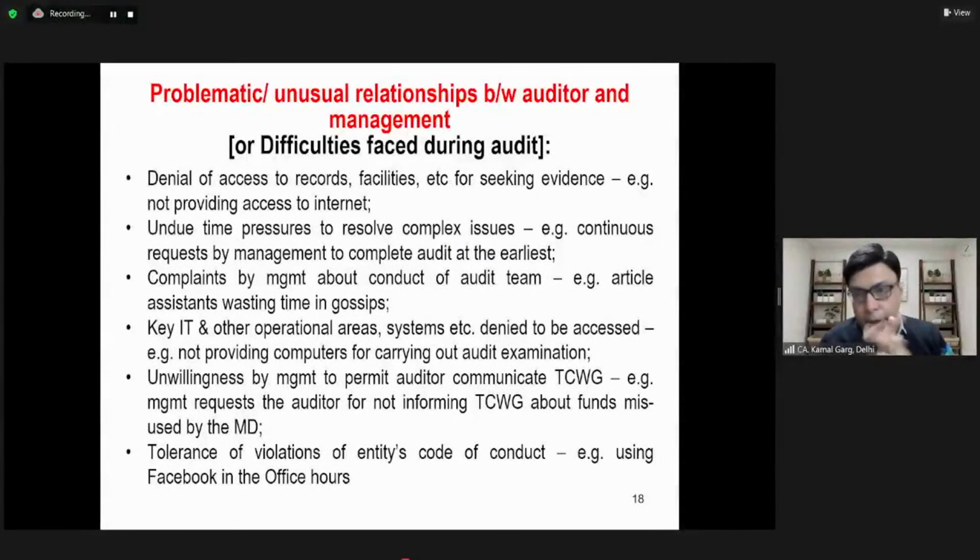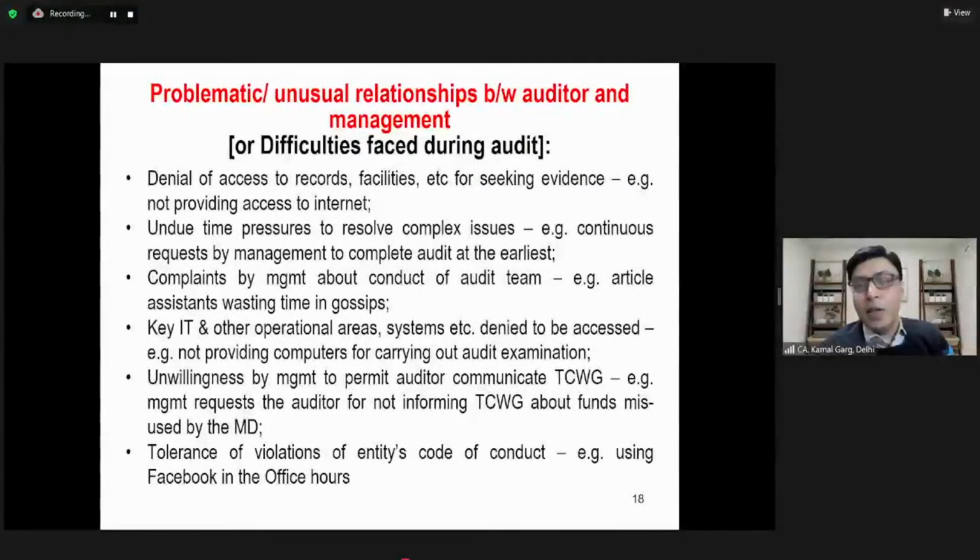TCWG you can say audit committee. So what happened? Management, that is, board of directors, requested the auditor for not informing audit committee about the funds misused by the managing director. So this kind of request, which is a kind of undue request, if it's coming to your notice, is a kind of that you are hiding the misstatement because you are not independent.